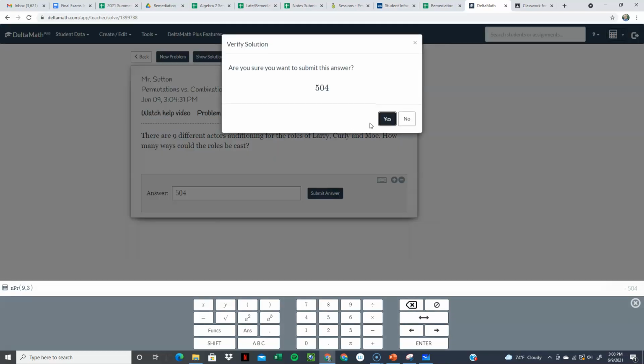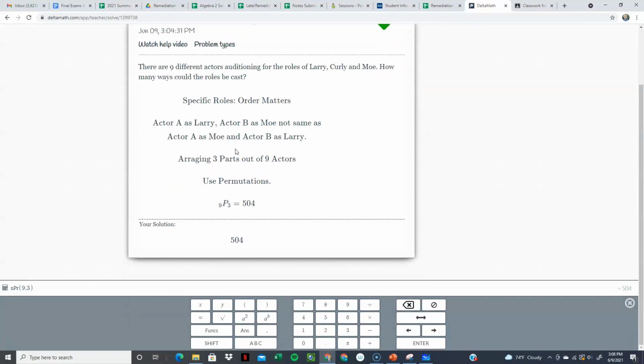So I'm going to submit that. So order matters. Actor A is Larry, actor B is Moe is not the same as actor A is Moe and actor B is Larry. So there's an order to this. So you're arranging 3 parts out of 9 actors. So we use permutations. 9 permute 3 equals 504.